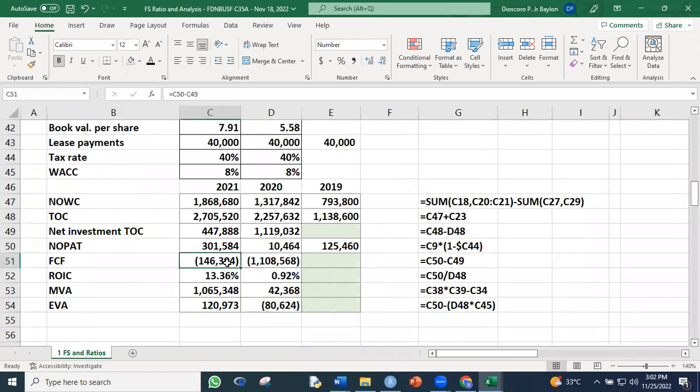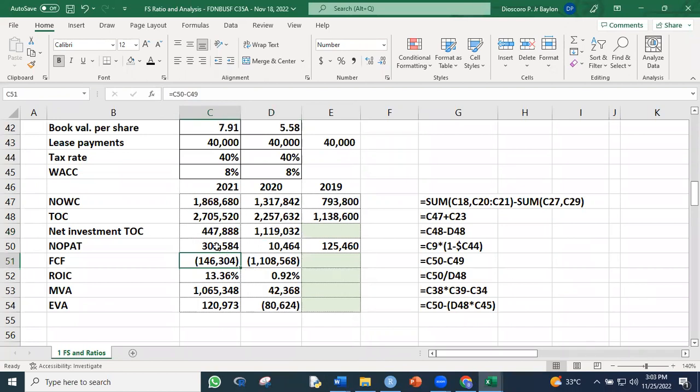We also learned about the free cash flow. Okay, the amount that's available for distribution to investors, aka your shareholders or creditors, after deducting investment in operating activities. In this case, the formula is NOPAT minus the net investment. So the free cash flow, unlike the EVA, it can be negative, and yet the company is doing well.